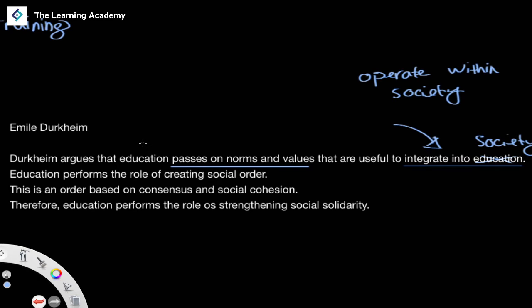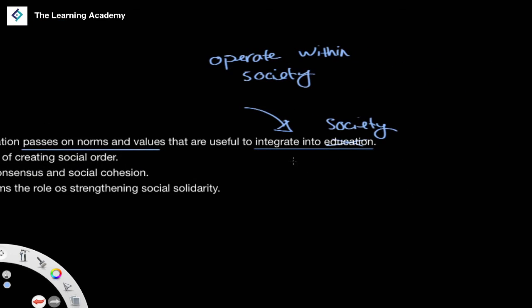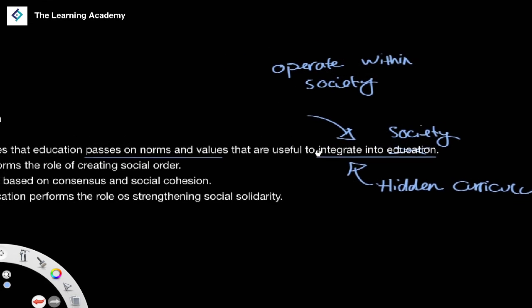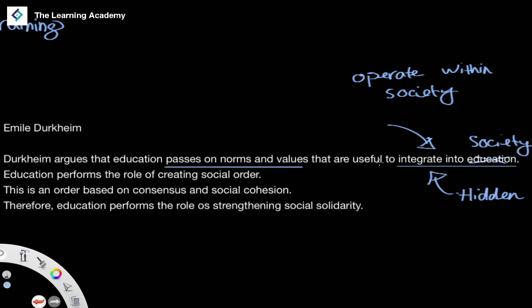And we will talk about this in the next lesson when we talk about Marxist perspectives of education, because Marxist perspectives highlight something known as the hidden curriculum. The idea behind this is that alongside teaching your maths, your English, and your sciences, education also teaches different societal values.